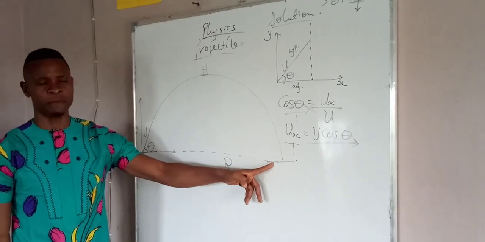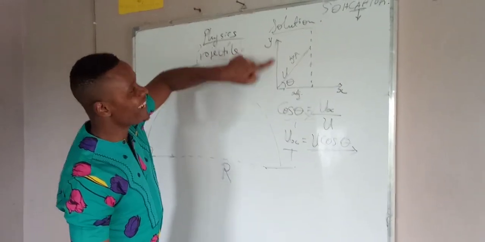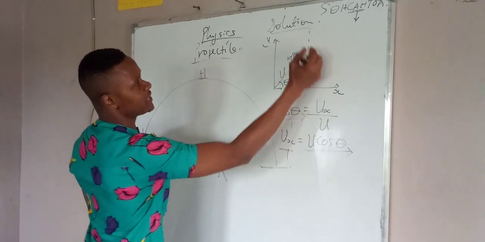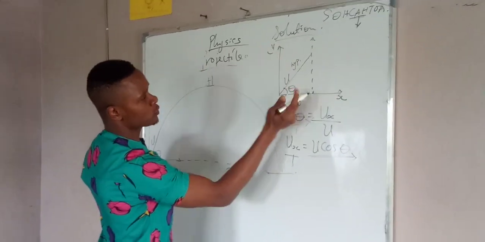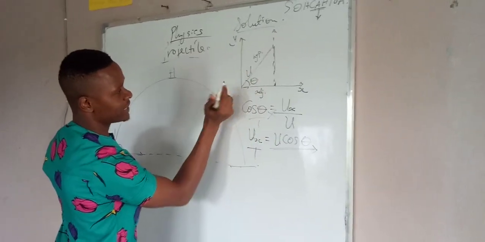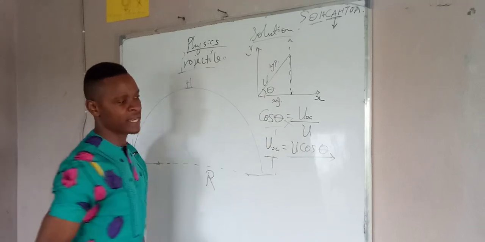So this is the effective value of u in the horizontal direction. And then when we consider the effective value of u in the vertical direction, y, this is parallel to y here. So we are using this side, which is the opposite, and the hypotenuse. Opposite and hypotenuse, sine comes in.